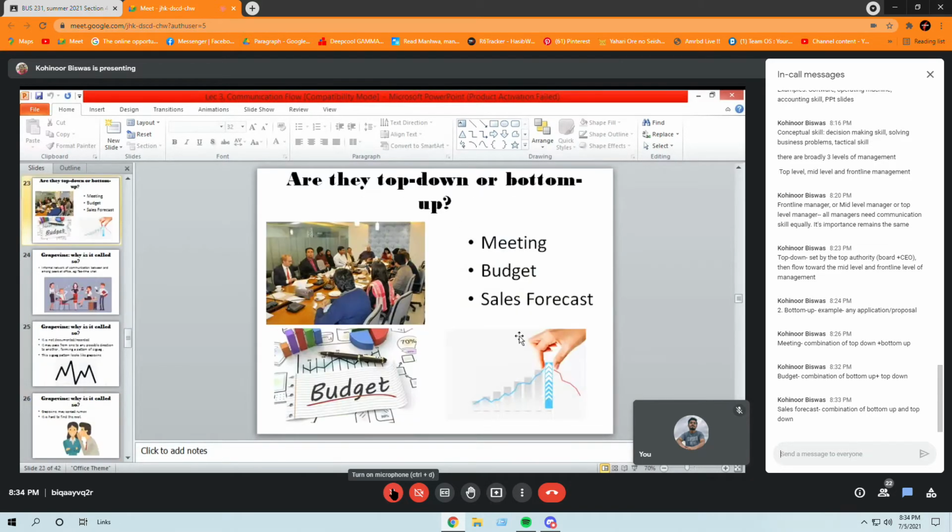And okay, fine, what about these things? These are some communication which are combination of both top down and bottom up. Okay, majority of the communication in the organization is combination type, both.